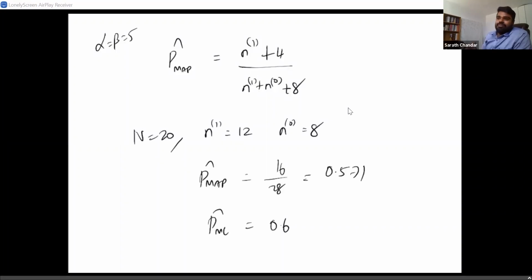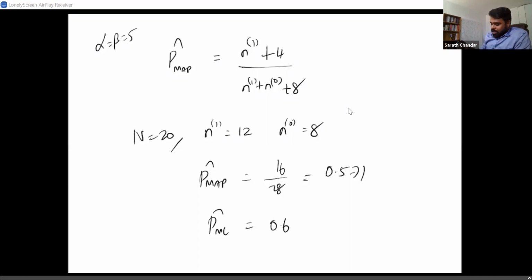So what did alpha and beta do to our estimate? Someone says similar to smoothing, someone says safety margin, any other answers? Okay, averaging near 0.5.